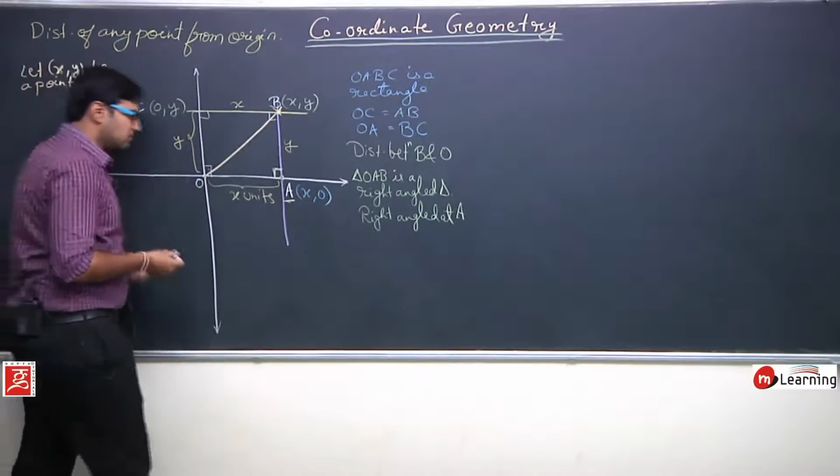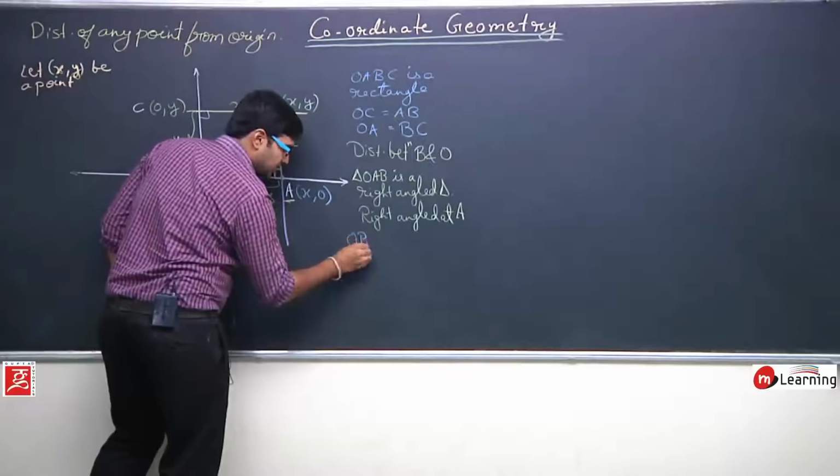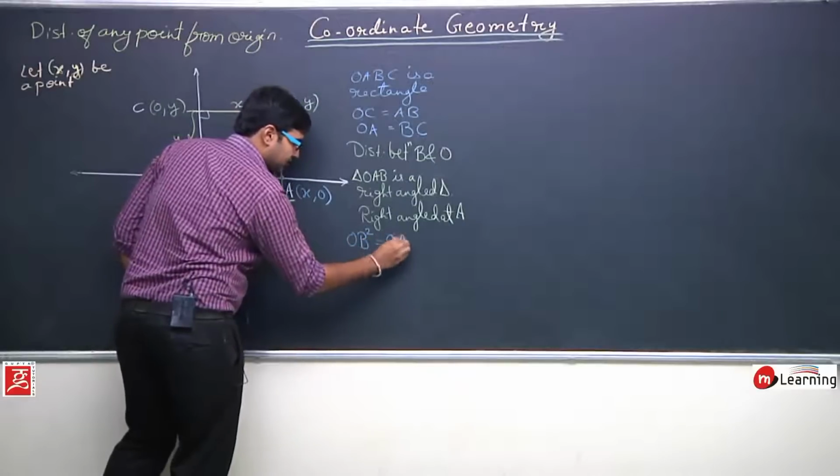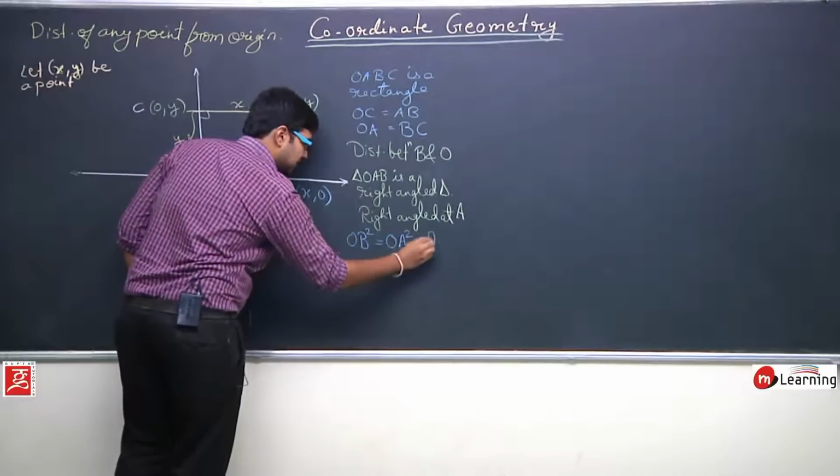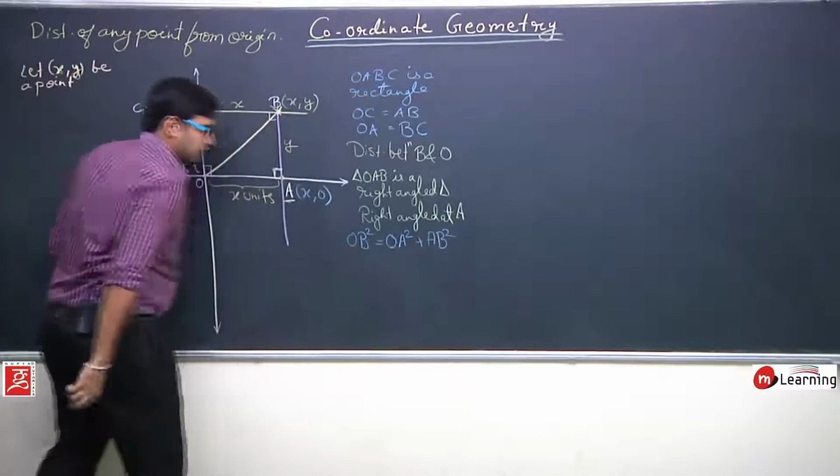So I can say that OB square is equal to OA square plus AB square.